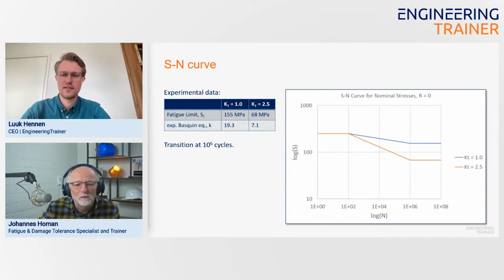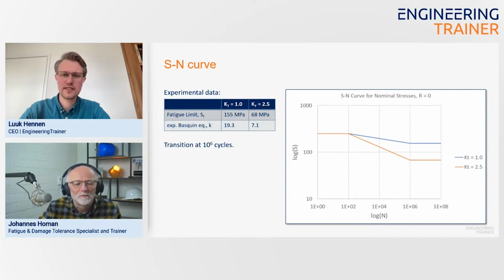You could do the same for KT is 1, so without the hole, and then you would get the blue curve. So we have two curves, KT is 1 and KT is 2.5. Well, you can represent those curves with an equation for the sloped part. That's often done with the so-called Basquin equation. I think that one is on the next slide.